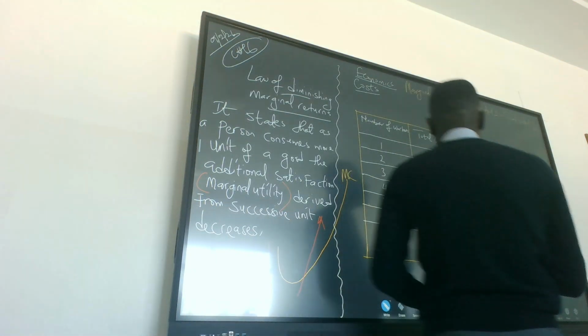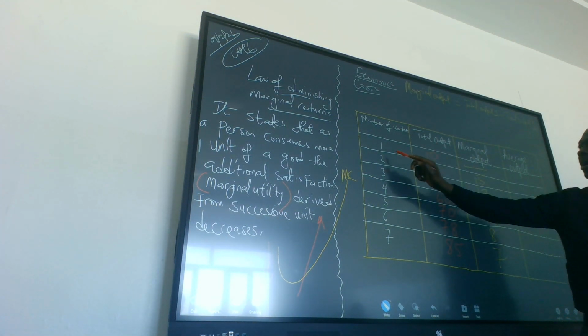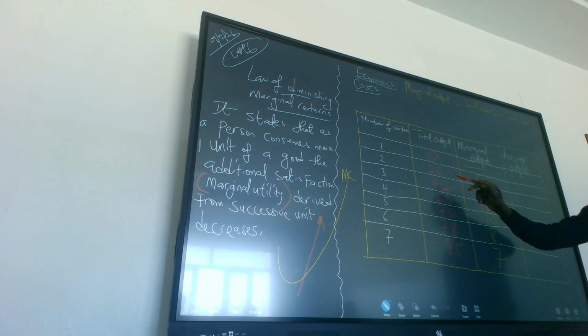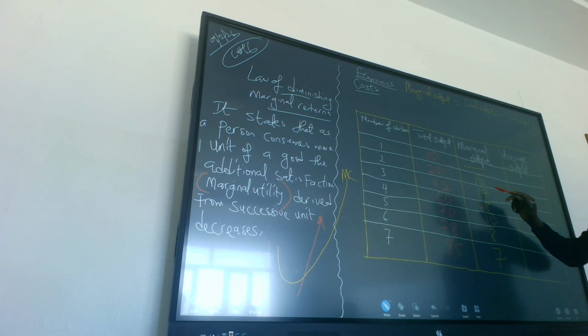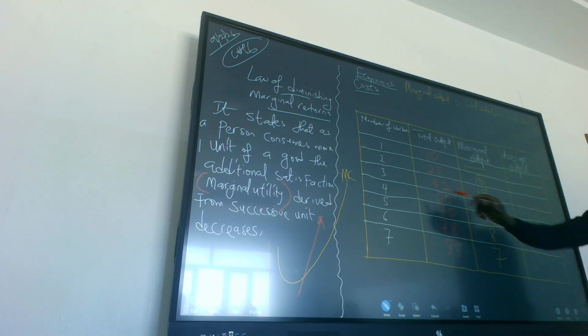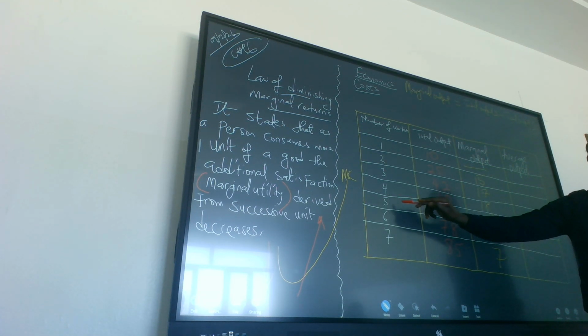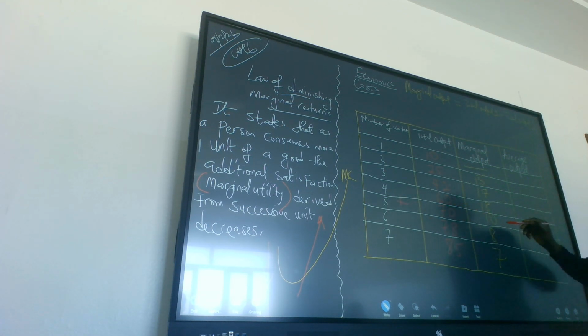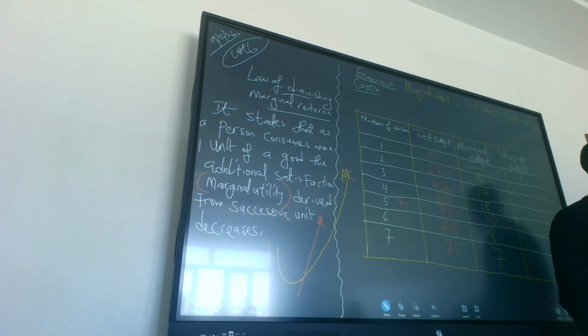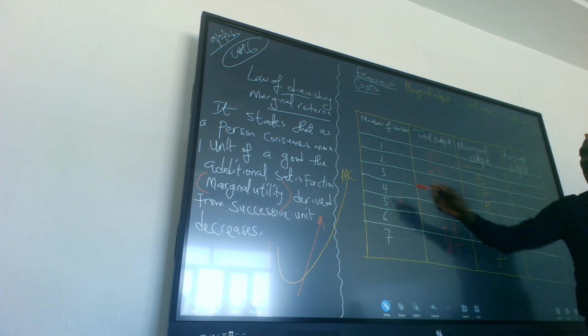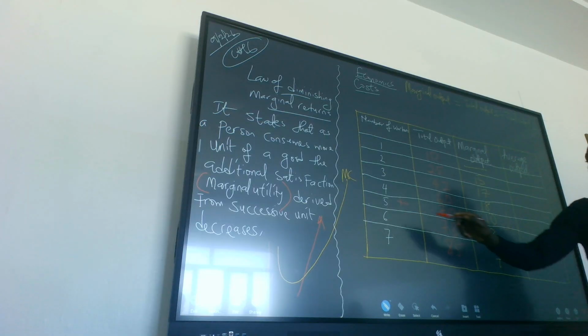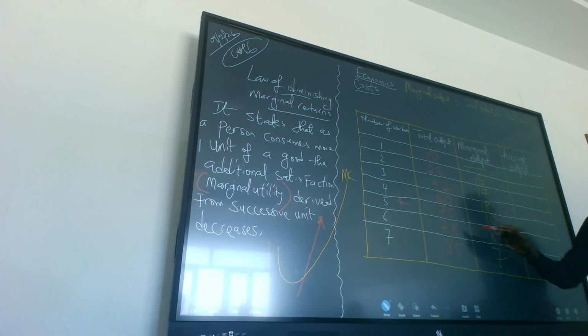So look at what we have here. Number of workers is increasing, the total output is increasing. But there comes a stage at which the total output, in terms of marginal, starts reducing. Here is 15, it increases to 17, 18, but after the fourth worker, going to the fifth worker, what happens? It starts reducing. That's diminishing. So more workers are being employed, right? The output is increasing, but what happens to the marginal?